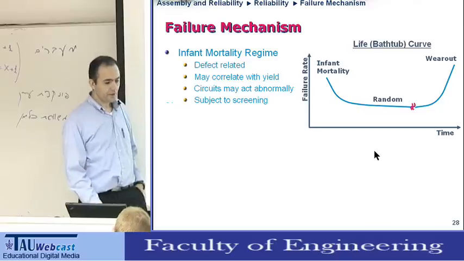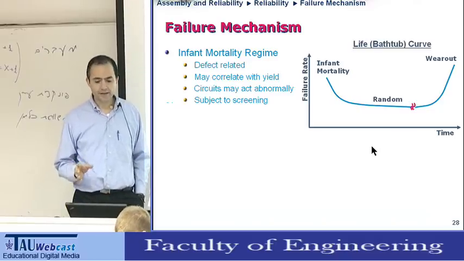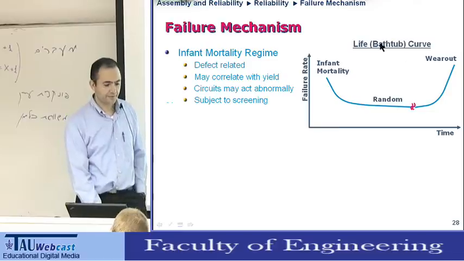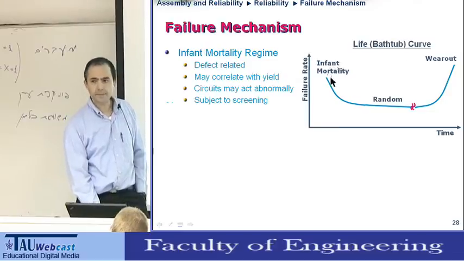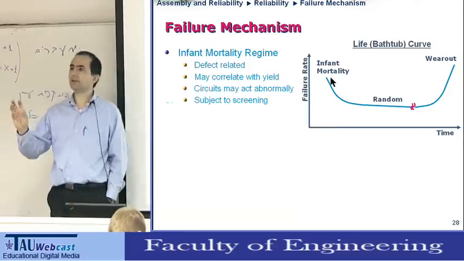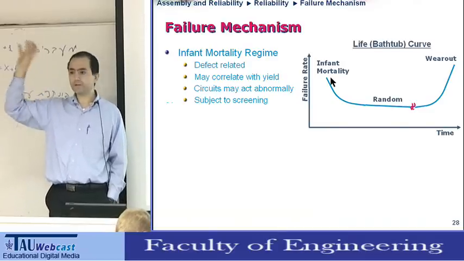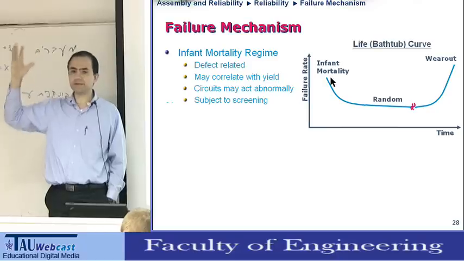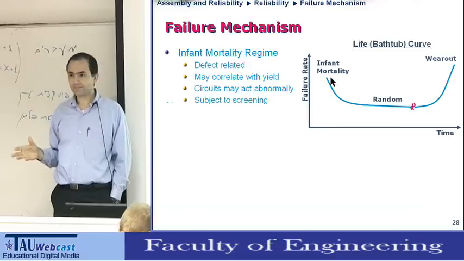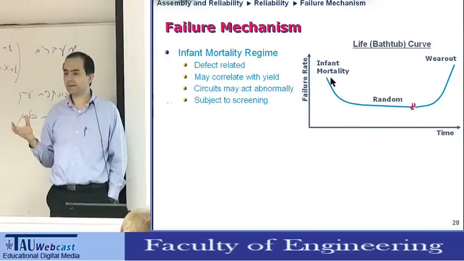So we have three regimes, three kinds of reliability failures. The first is infant mortality. For example, you buy a light bulb, you put it in, and after a few seconds, it burns out. This is an infant mortality fail.